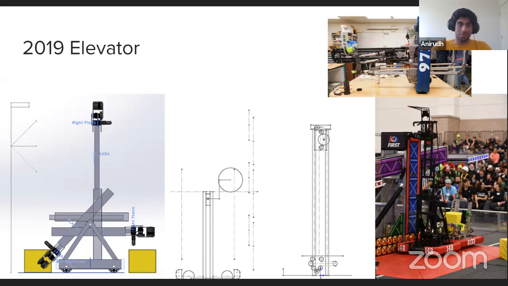Next question is, how much time do you spend designing, prototyping, and testing? Generally, it depends on the mechanism and how much refinement we want on it.